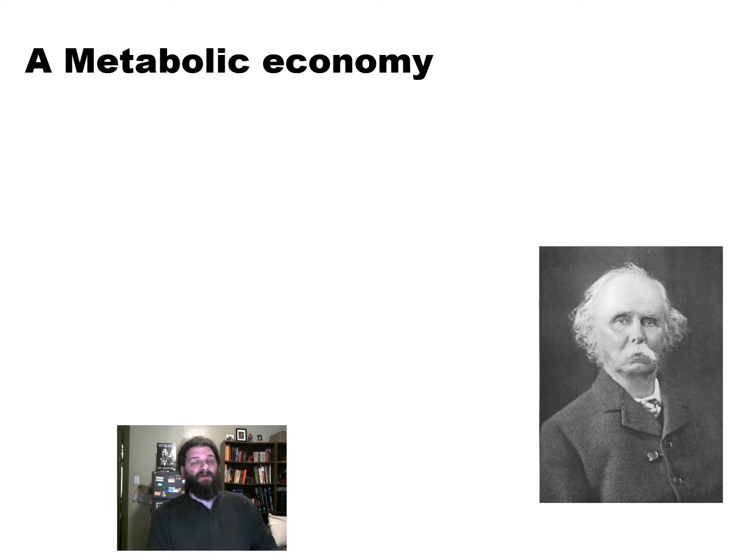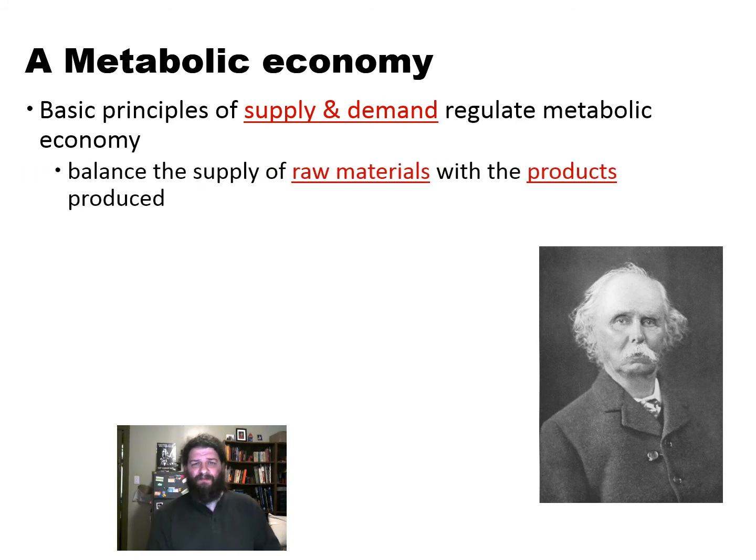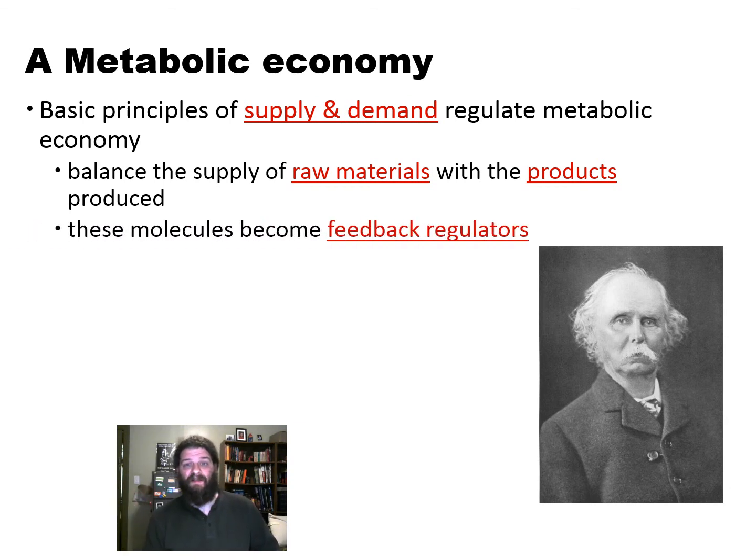Sometimes when people are discussing ATP, they'll refer to it as the currency of metabolism. We borrow a lot of terminology and concepts from economists like good old Thomas Malthus here, who talked a lot about supply and demand. And that's exactly what is happening with the maintenance of metabolism, maintaining this balance between the availability of raw materials and having enough energy for the cell to do what it needs to do.